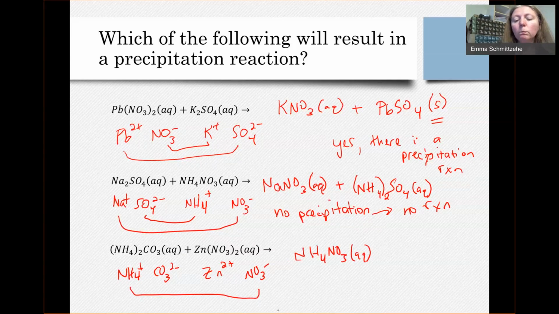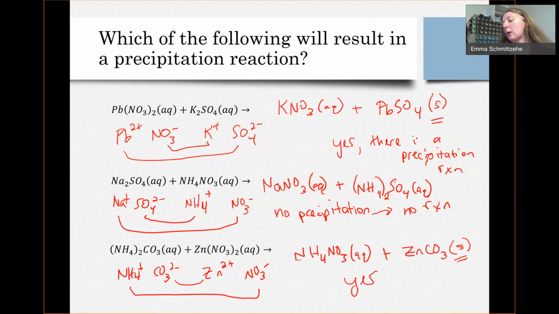Then our next one would be the zinc and the carbonate, so ZnCO3. And what you'll find is that carbonates are insoluble most of the time. Zinc is not an exception, so it is insoluble. So that's our precipitate. So yes, this is a precipitation reaction.